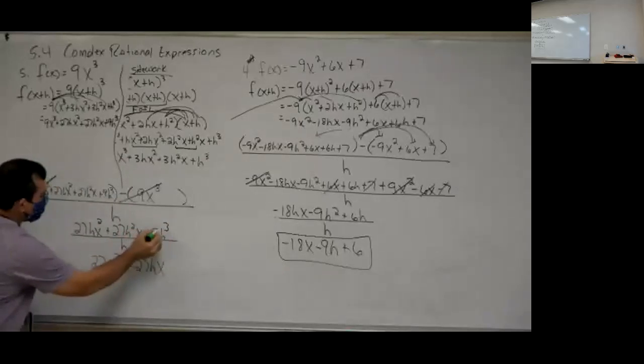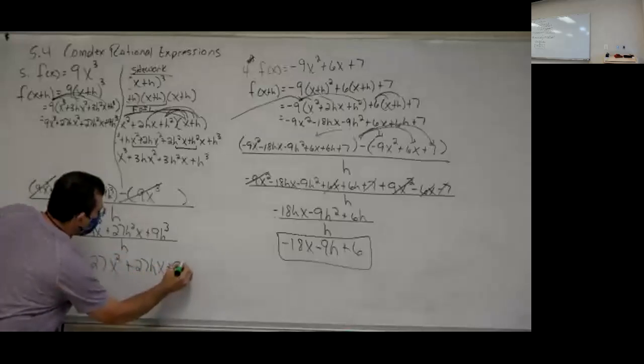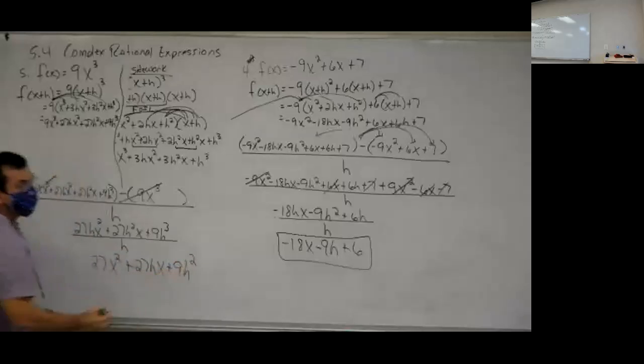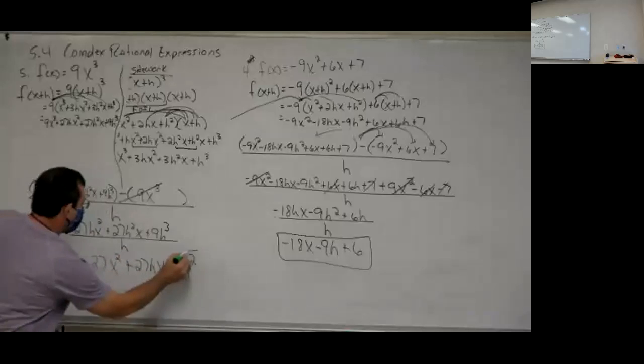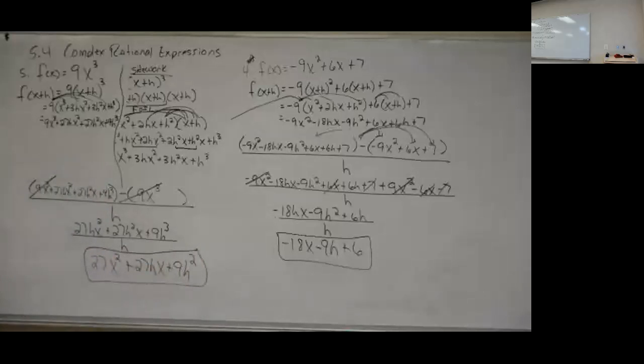One of these h's will cancel with one of these h's, leaving me a 9h to the second. And then none of these are like terms, so y'all, that is our final answer. So that's the trick on those, is trying to get that f of x plus h.